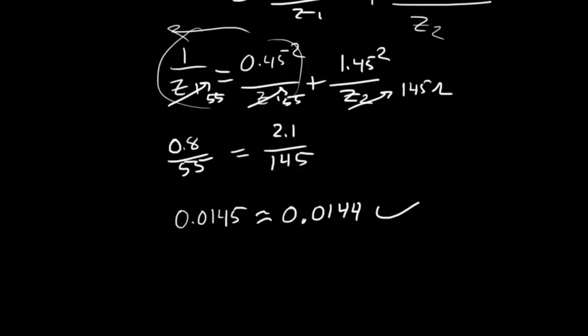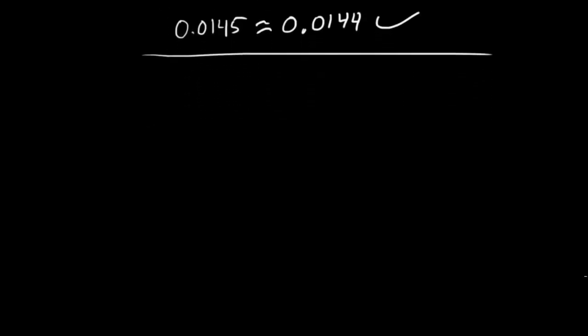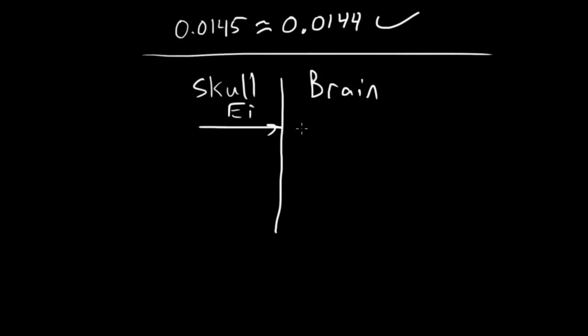Okay, there's one last boundary after the skull going on. The last boundary is the skull brain boundary. So we have the incident wave, we have the transmission wave. I'm not going to worry about the reflected wave. I'm not going to calculate that.